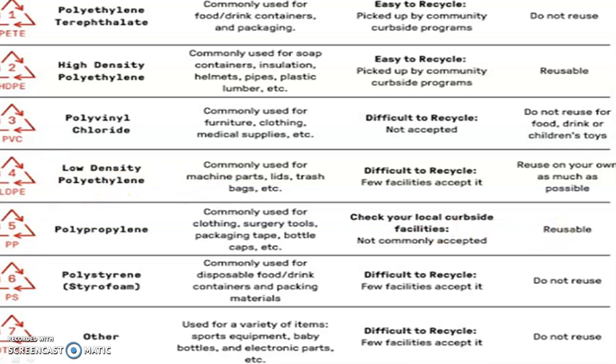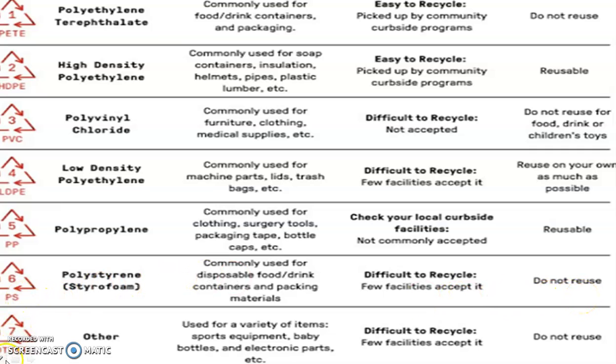Again, in the triangle 6 is there, and PS is written. What is PS? Polystyrene, commonly used for disposable food and drink containers and packaging materials. Difficult to recycle, few facilities accept it, and do not reuse.